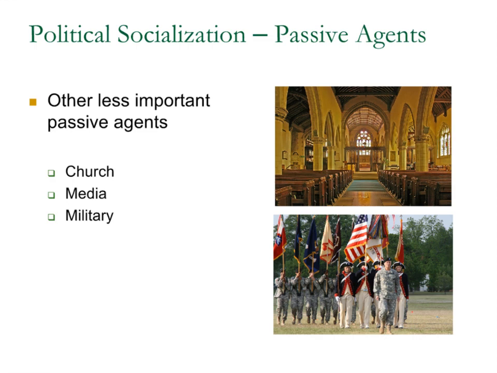One last example of passive socialization would be someone who goes to prison, for example. In prison, the norms, values, and attitudes that you have to adopt to survive are very different from the norms, values, and attitudes that you might have outside of prison.